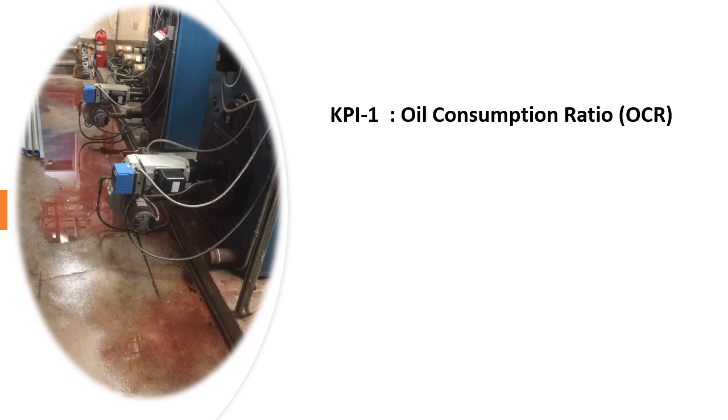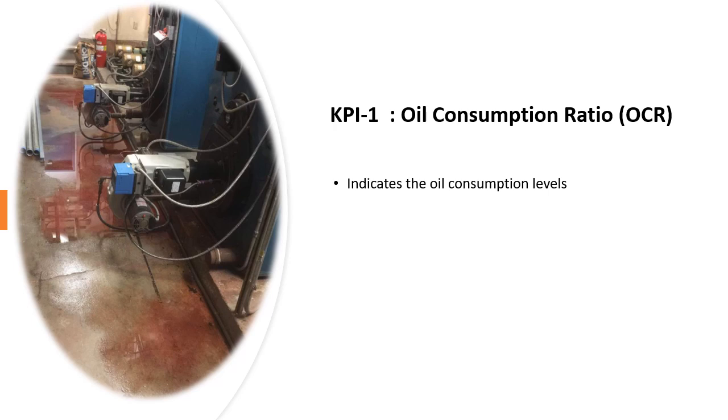So let's see some of the KPIs which will help us to know the performance of our lubrication program. The first KPI is the oil consumption ratio, which will help us in identifying the oil consumption levels.